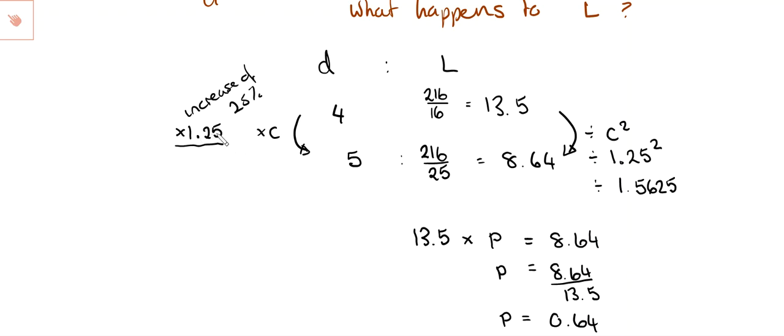So timesing by 1.25 is an increase of 25%. What does timesing by 0.64 do? It's a decrease of... Why, so this is going back to absolute basics. Why is timesing by 1.25 a 25% increase?